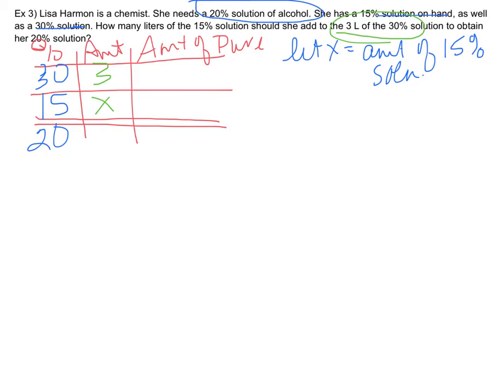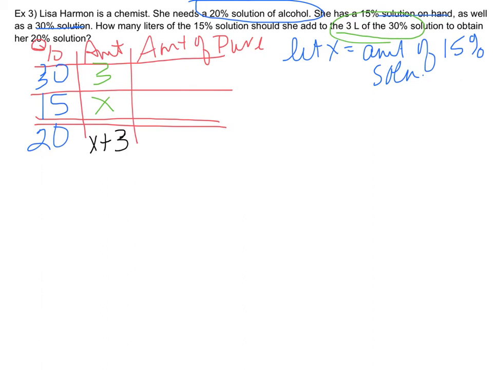The reason why I put the double line is because we are combining these two mixtures. We're combining the 30% plus the 15% in order to get my 20%. So we're going to add those two mixtures together because we want to determine how much we're dumping in. So the amount of 20% that we have is x plus 3.